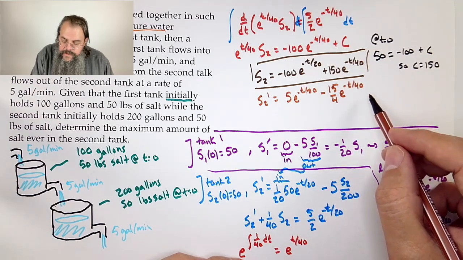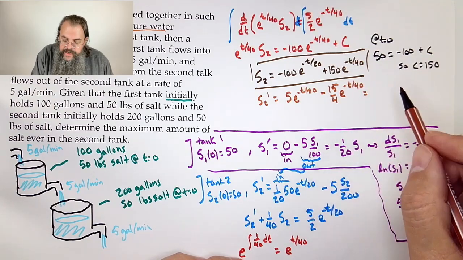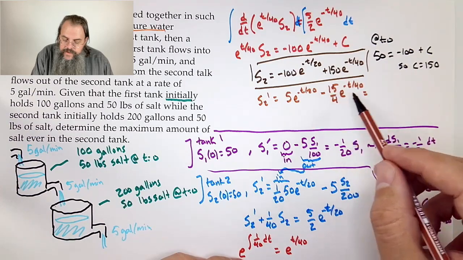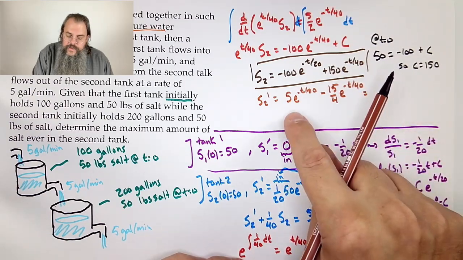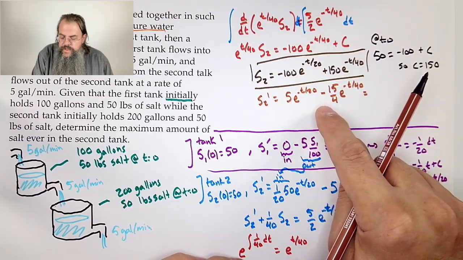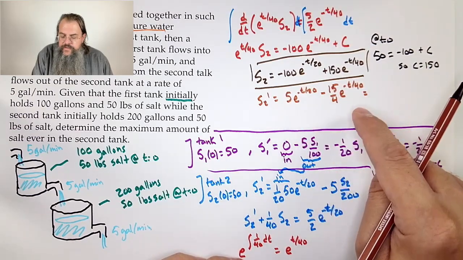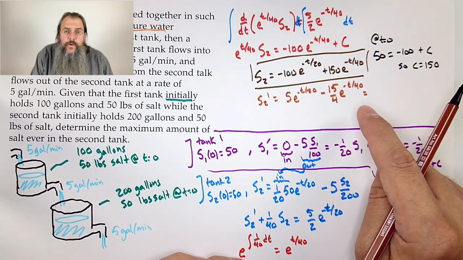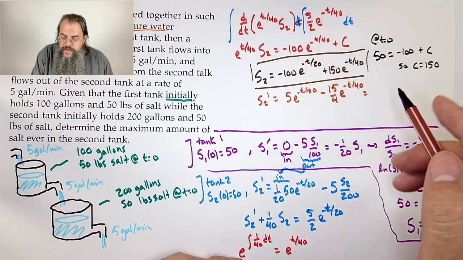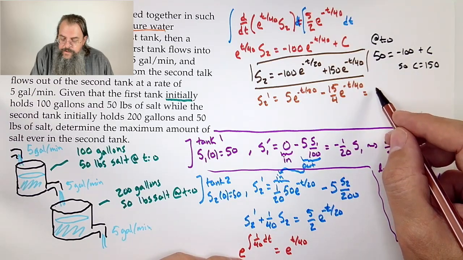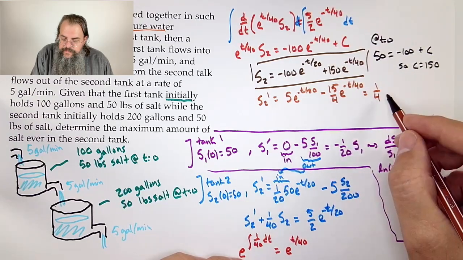All right, well, what can we do? Well, we can factor out a 1/4, and let's also factor out an e to the minus t over 40, right? We need to pull this out. I point out 1/4 just because I don't like fractions.